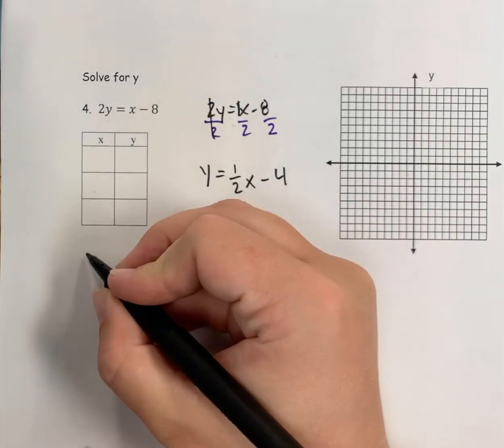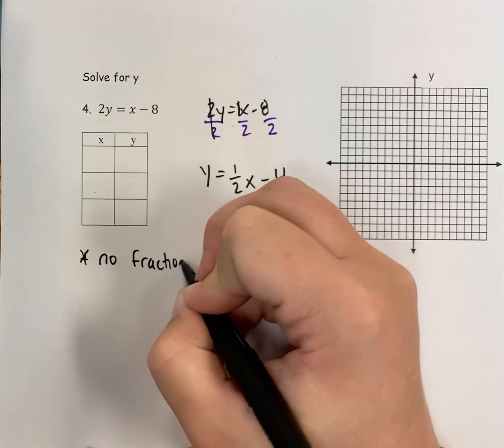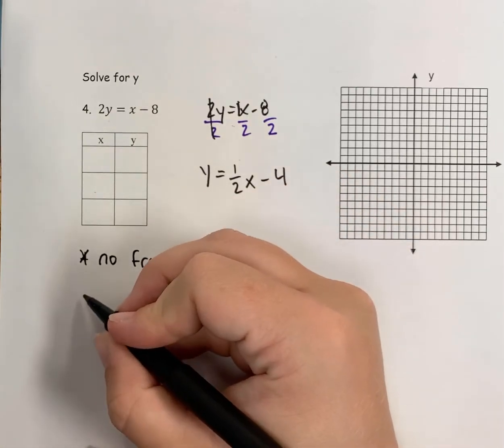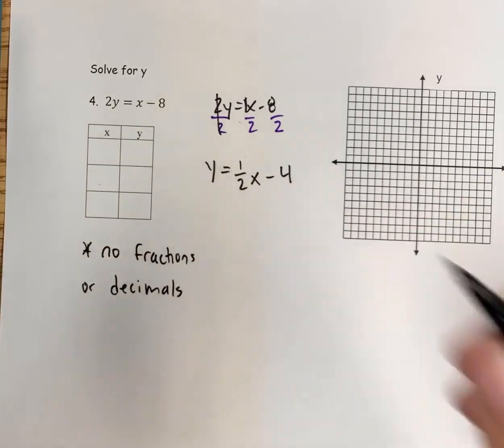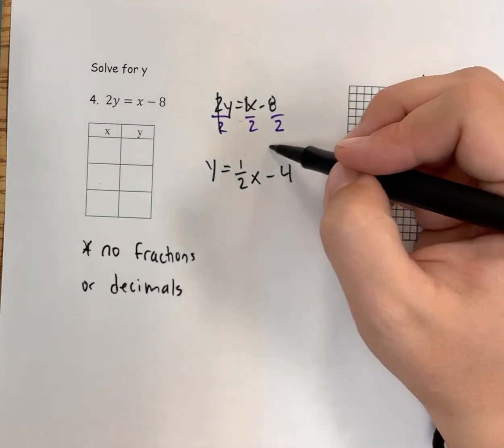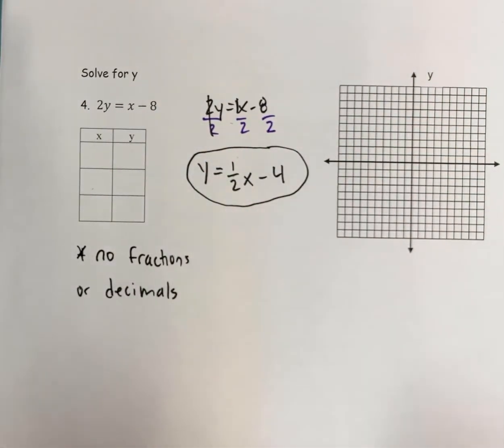So your points cannot be fractions or decimals, which means with this example, you have to be very careful about which points you pick for x. Because if you don't pick the correct numbers for x, you are going to get decimals.